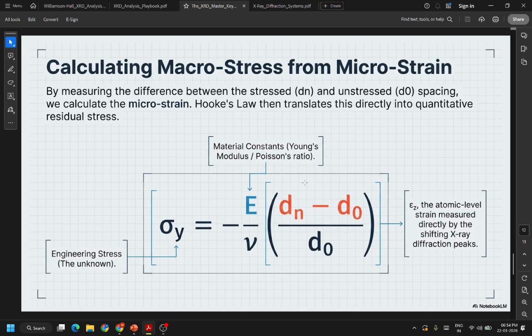Then (d n minus d naught) by d naught you are calculating from experiment, and this is given as epsilon z, which is your atomic level strain. You have calculated this from the shifting of your XRD peaks, and from this you can calculate the stress in your material.